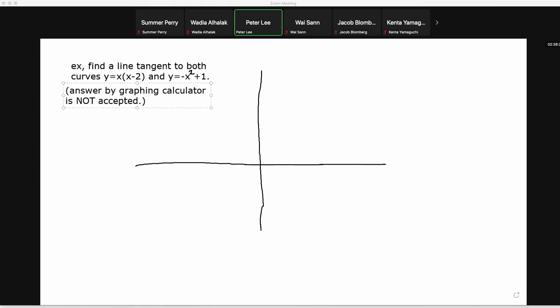Why? Because there's a logical problem. That line you get from your graphing calculator will be an approximate line. It will not be the exact line. You can estimate the line, however.